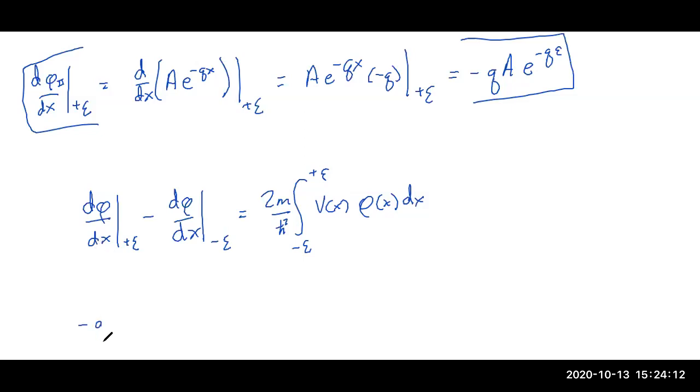This is minus q times a e to the minus q epsilon minus, this one was q times a e to the minus q epsilon.